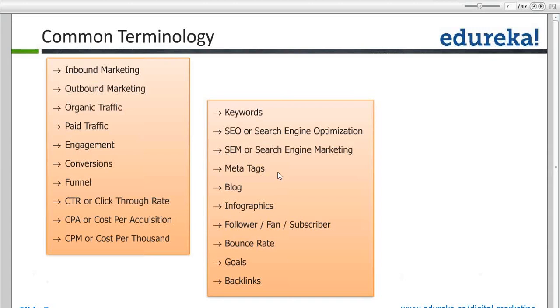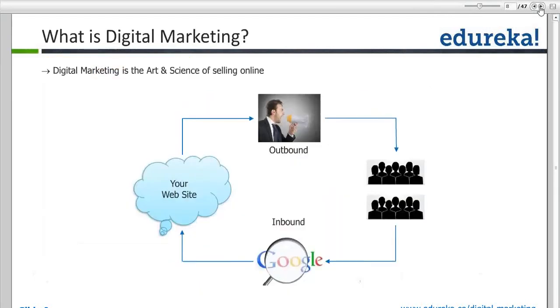So next is goals, and goals are generally what you set out to achieve. What do you want from your marketing campaign? A few companies have a goal of reaching out to the maximum people, let's say brand awareness. A big company like Pepsi or Coke will not care much about how much money they have spent.